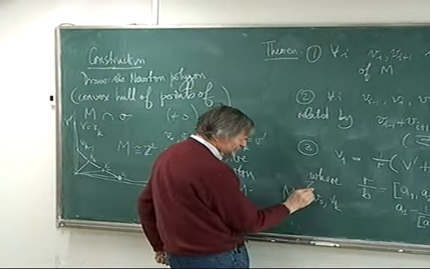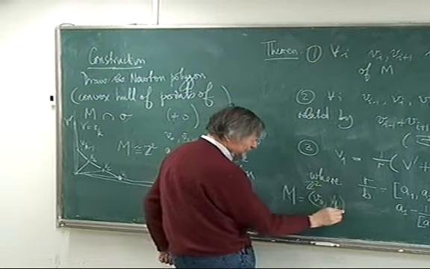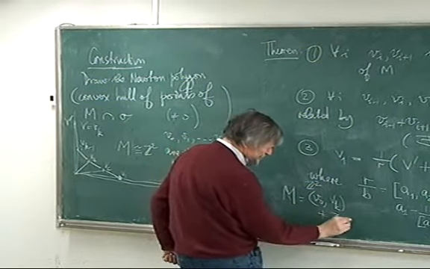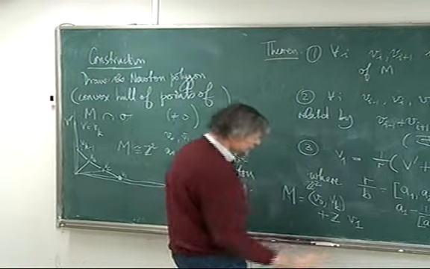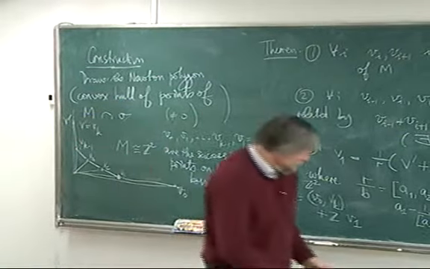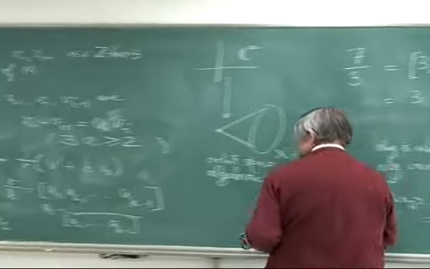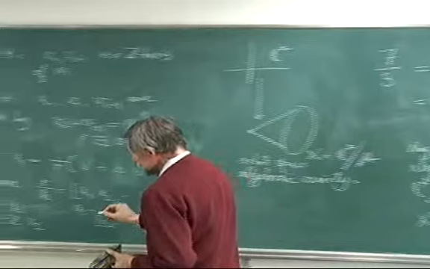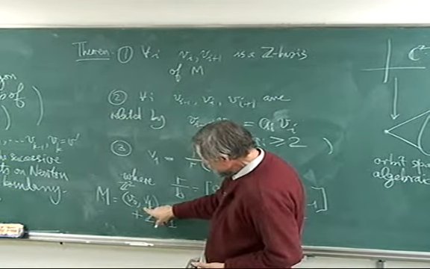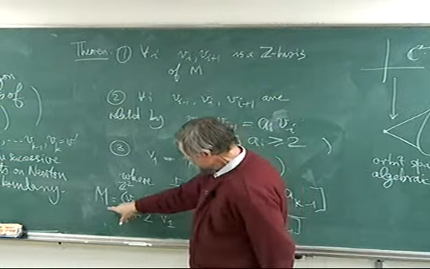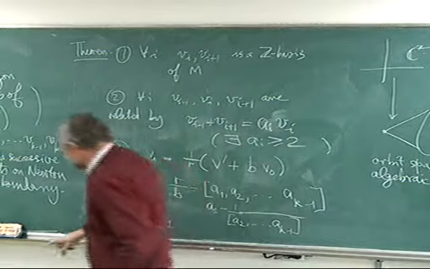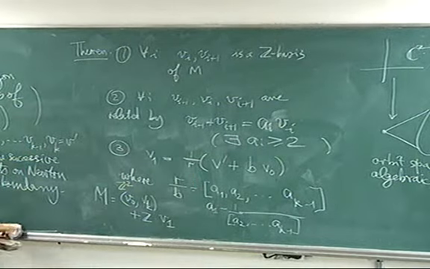So this is Z2 generated by these two plus Z times V1. So these guys, the original V naught and V prime, are not necessarily a basis of M over Z, if r is not 0, if r is not 1.